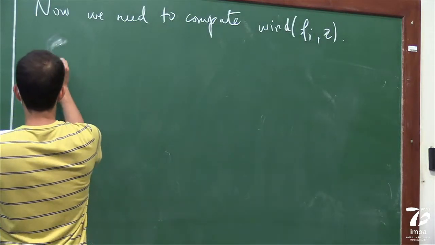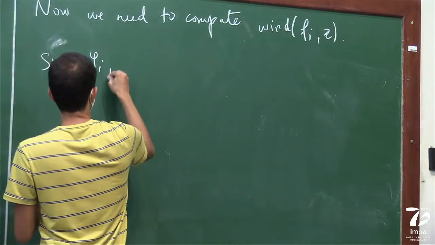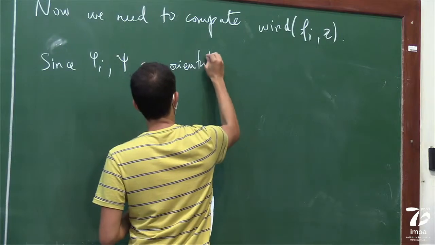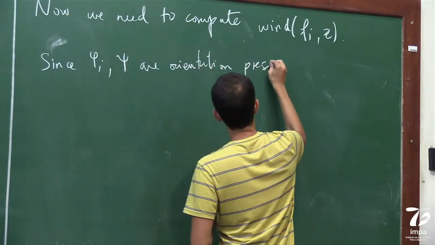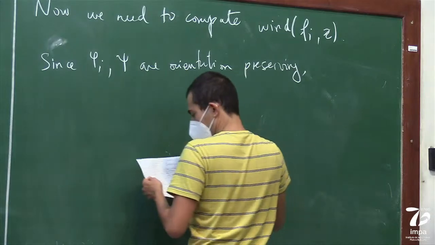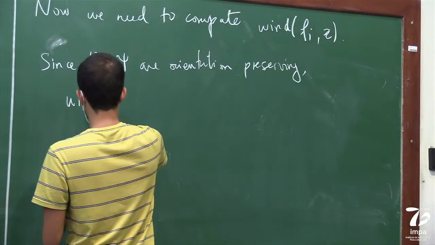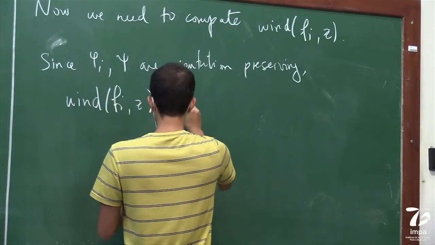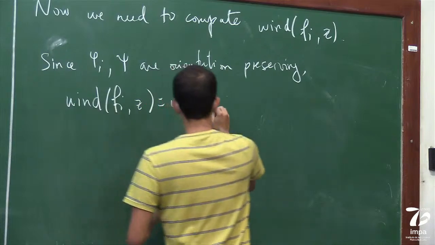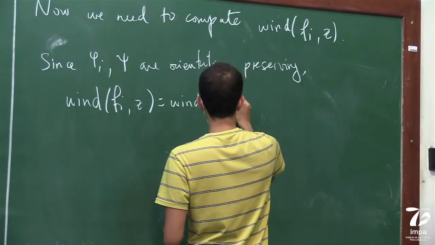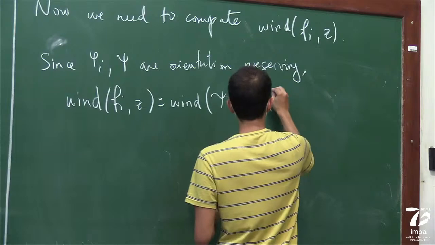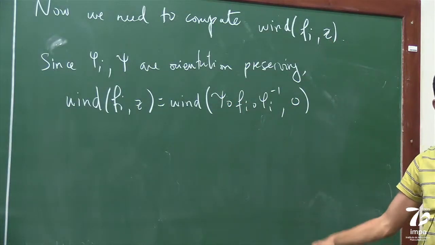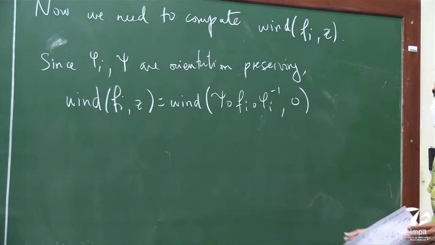So since phi and psi are orientation preserving, the winding number of Fi with respect to Z is going to be the same as the winding number of psi composed with Fi composed with phi inverse with respect to 0. Kind of just map it to a map from Rn plus 1 to Rn plus 1.